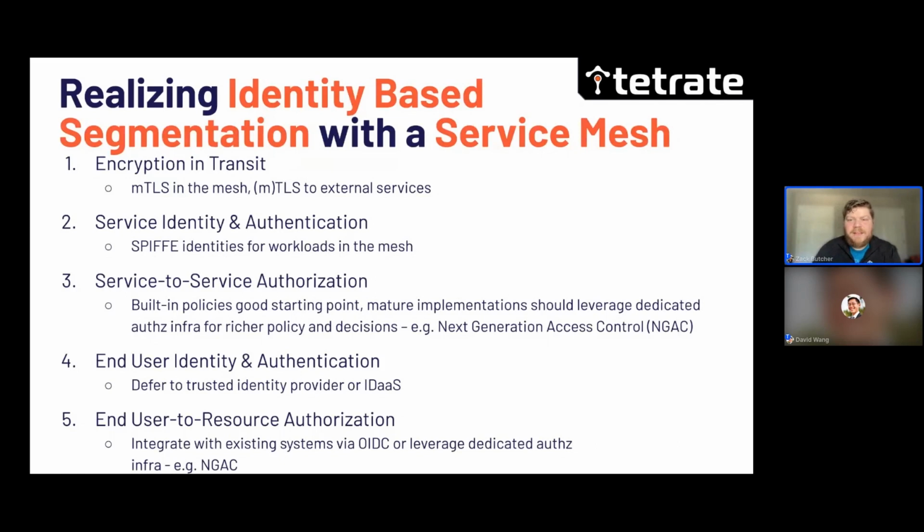You can write that directly in something like an Istio configuration. You can delegate that out to systems like OPA or things like next-generation access control. End user authentication is supported with things like an external authorization provider in Envoy, which supports end user authentication and authorization, and can integrate with things like OIDC today to do authentication.